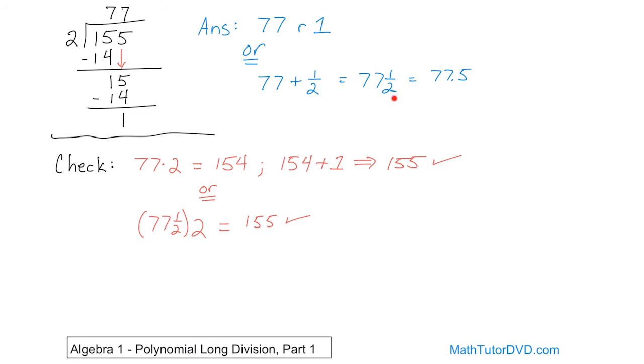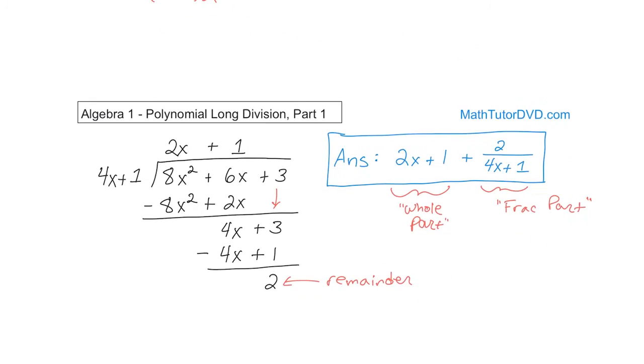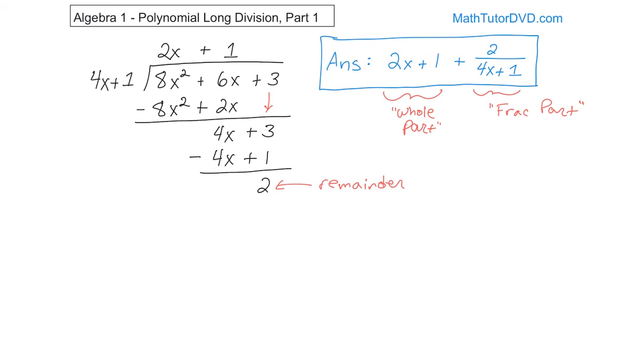When we wrote it down like this, we wrote it as 77 whole times plus 1/2, which is this guy right here. And that's how we arrive at this mixed number right here. But in algebra, things look a little more complicated because we have letters and numbers. So we have the whole part plus this divided by this thing we're dividing by out here, which is what we call the fractional part. So that's the answer.